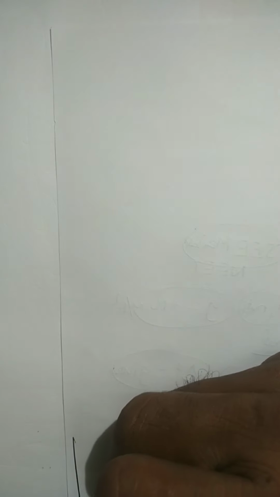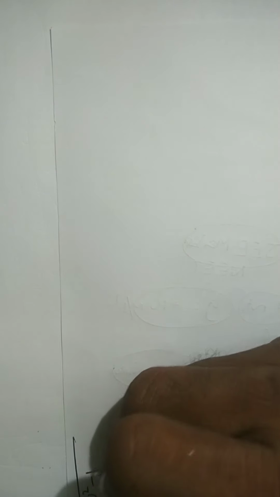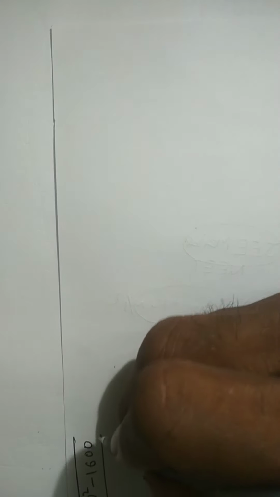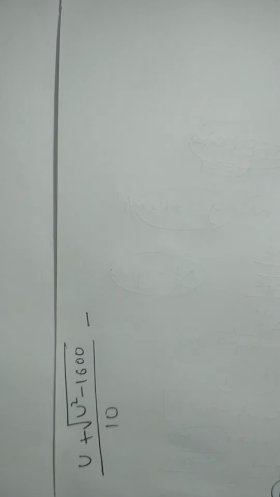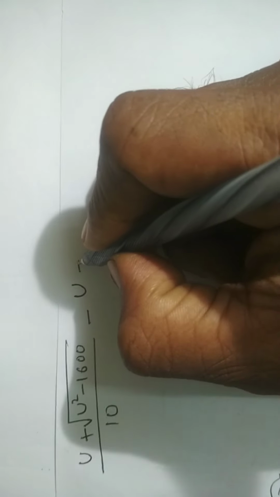So how do you do that? What are we having? You see, u plus root over u square minus 1600 by 10, minus, if you open the bracket, u minus root over u square minus 1600 by 10.